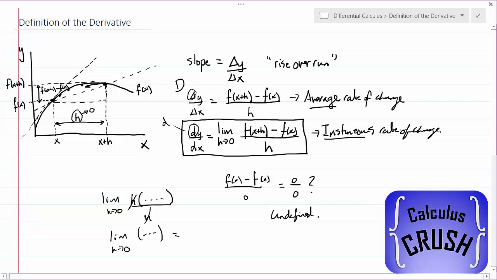So an example of the difference between an average rate of change and an instantaneous rate of change would be if I'm driving my car from Saskatoon to Calgary, and let's say it's 600 kilometers, and it takes me 6 hours to drive there, then I know that my average rate of change, my average velocity, which is a rate of change of position, is 100 kilometers per hour.